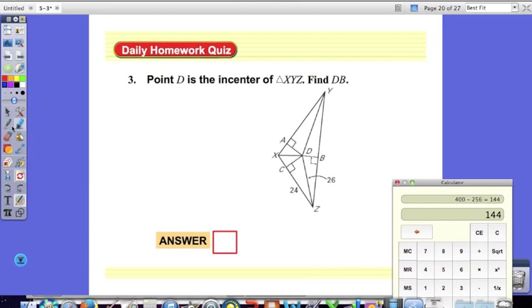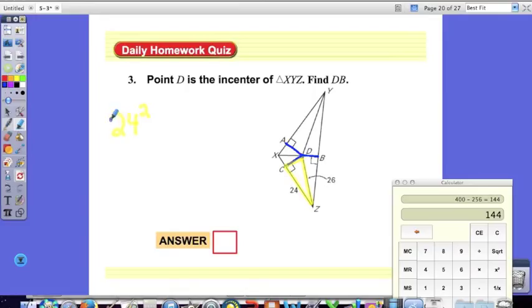Point D is the incenter. So that means that AD, BD, and CD are all going to be congruent. They want me to find DB. I have enough information here to use this triangle. So 24 squared, I don't know how much I like that color.